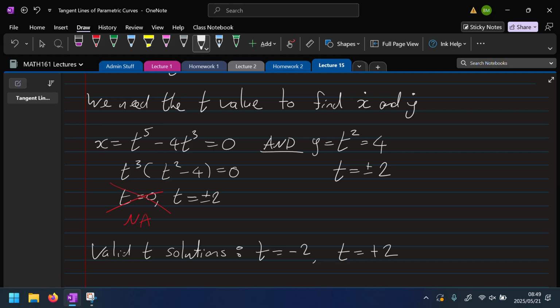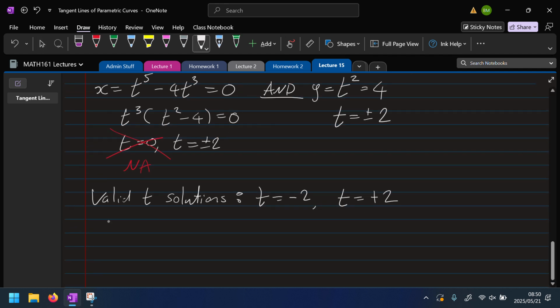Now in the normal case, we don't have two tangent lines, we only have one. But in this case, there's going to be a special self-intersection with the curve, and we'll see that there are two tangent lines. So this isn't a mistake. We do have two tangent lines, and we'll see what that looks like later.